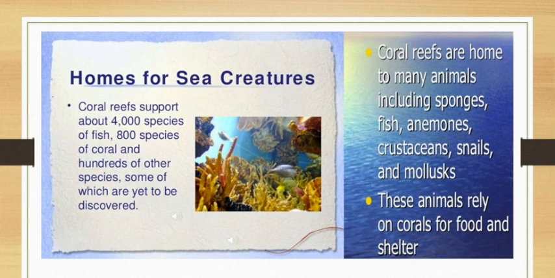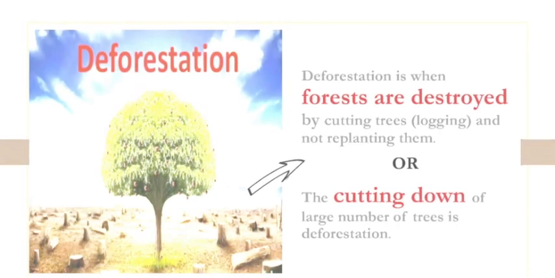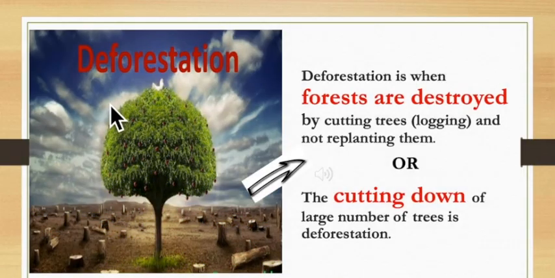If it increases, ultimately it leads to global warming. So students, habitat destruction leads to deforestation. It is when forests are destroyed by cutting trees and not replanting them again. Or in other words, the cutting down of a large number of trees is called deforestation.